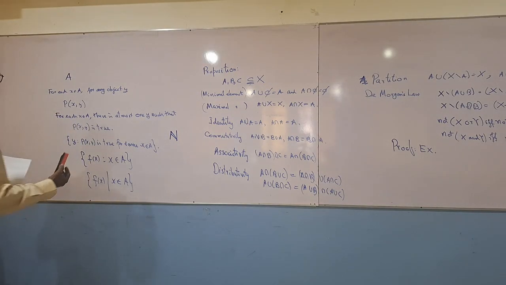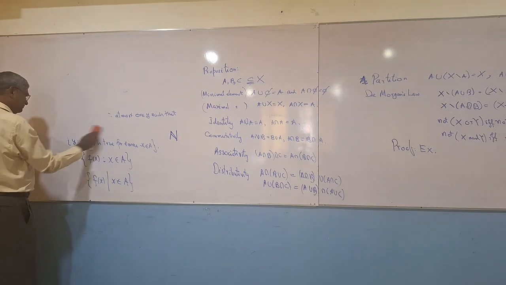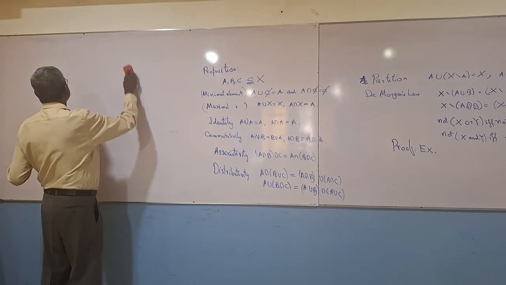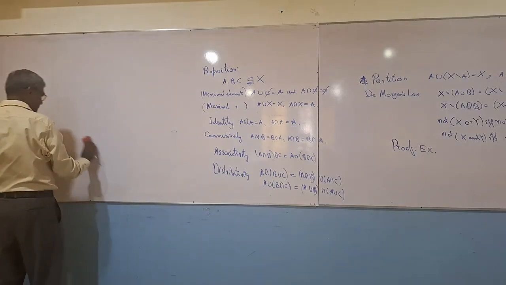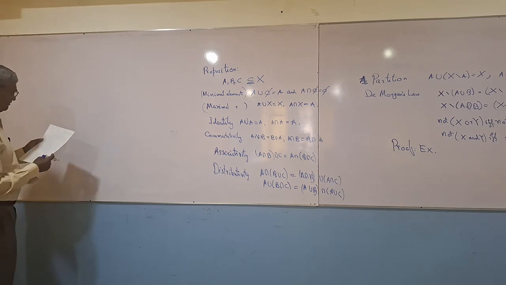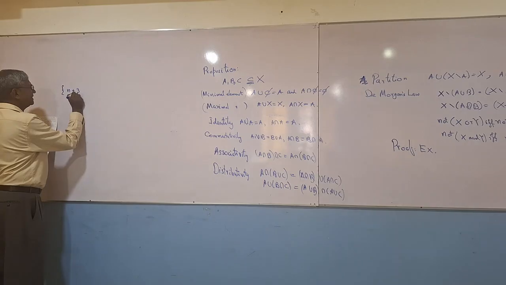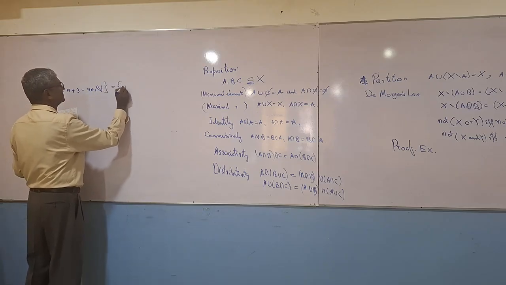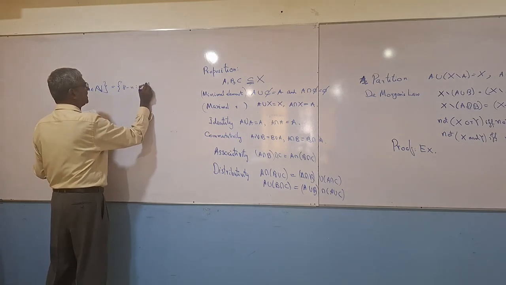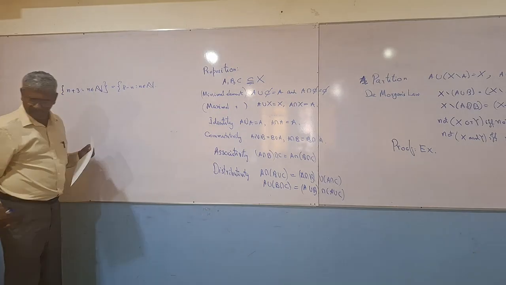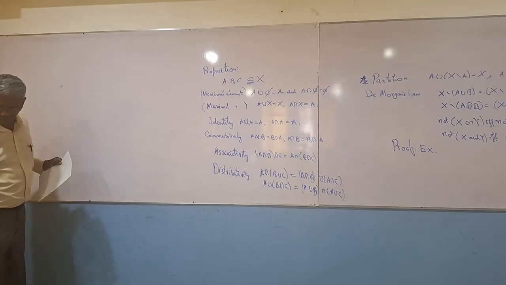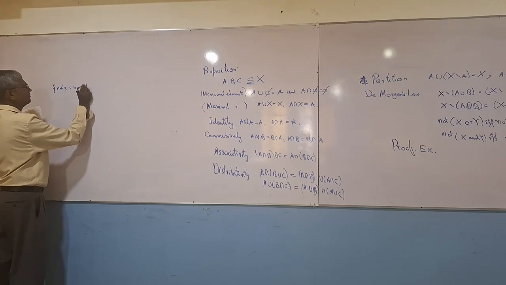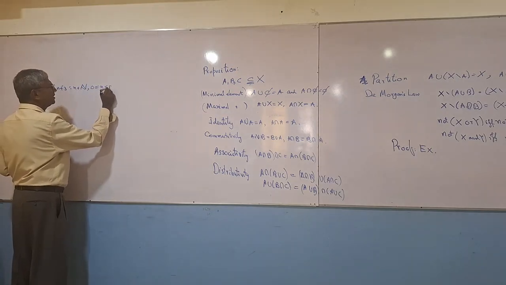The following two sets are equal. Another thing is, the same set can be written in different ways. The set of all n plus 3 such that n belongs to N, and n lies between 0 and 5, including both of them.